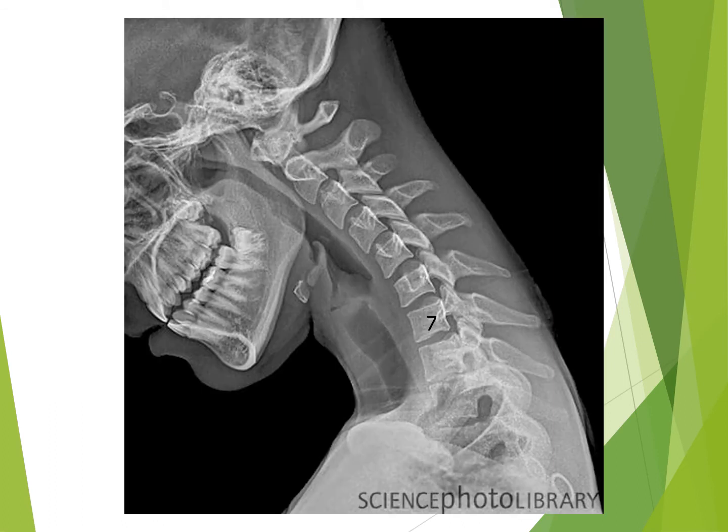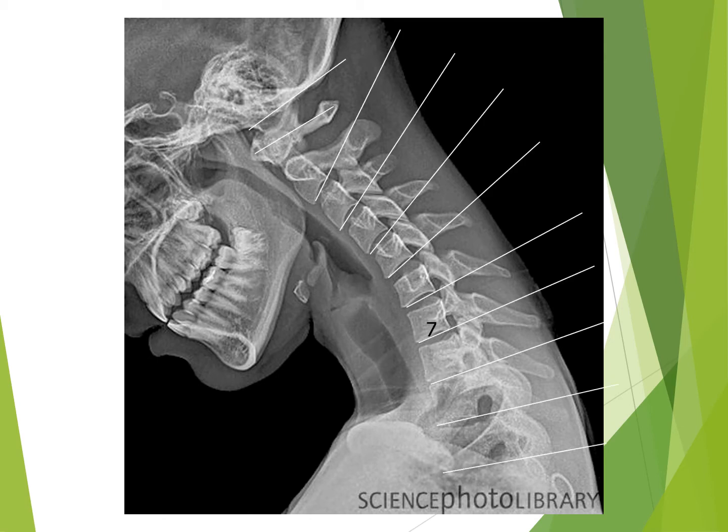What you see here is a flexion film of a very healthy looking spine, and what we're looking for is to see if our feather lines now diverge evenly. Now in our normal film they should converge at a like point, but when we do the flexion film the lines should diverge from each other in a very even manner. This lets us know that those segments appear to be fairly freely movable and not inhibited in any way.